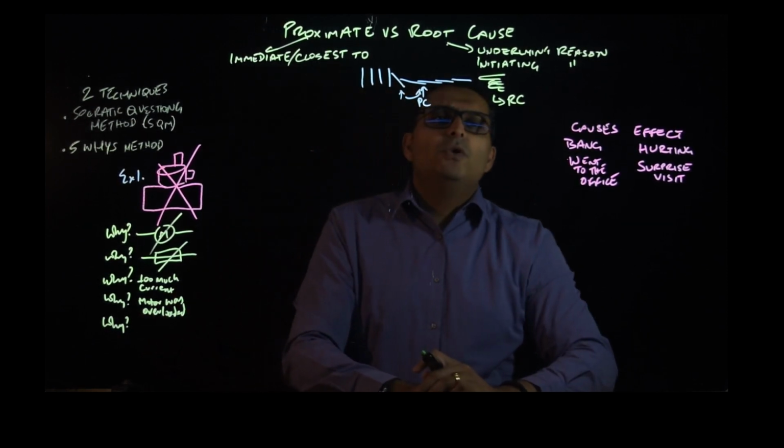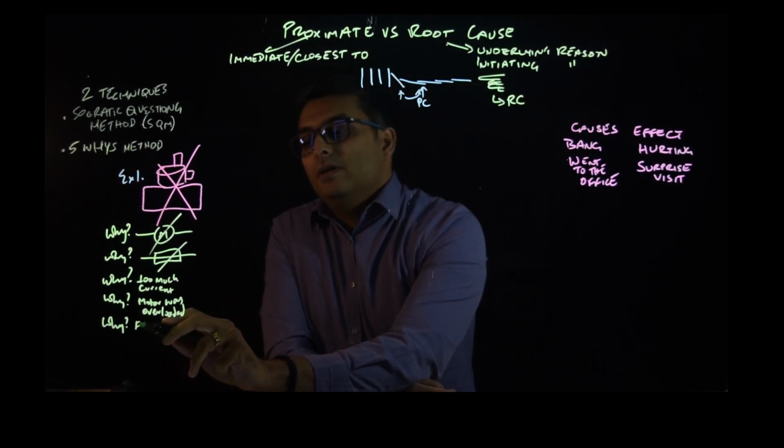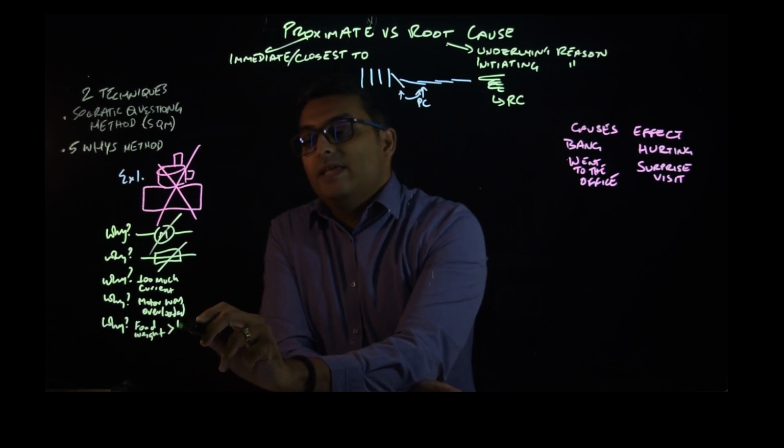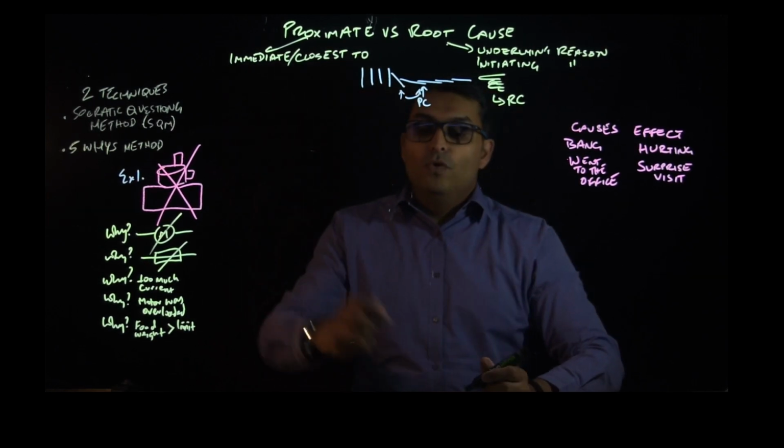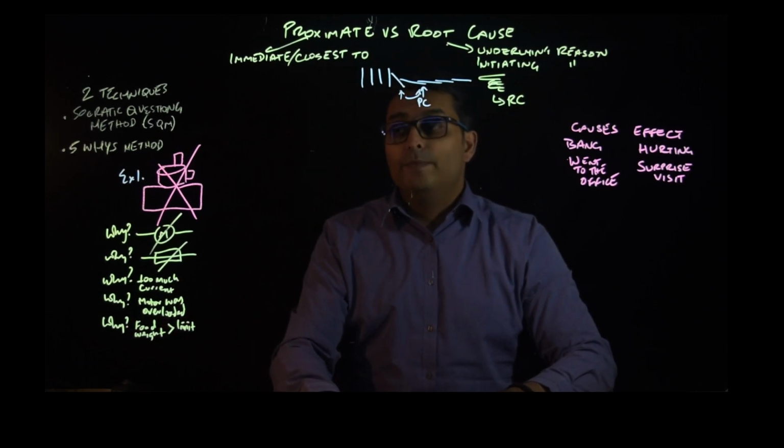Why was the motor overloaded? Well, because the weight of the food being blended was greater than the limit for the food blender. And that is sort of the 5th why.